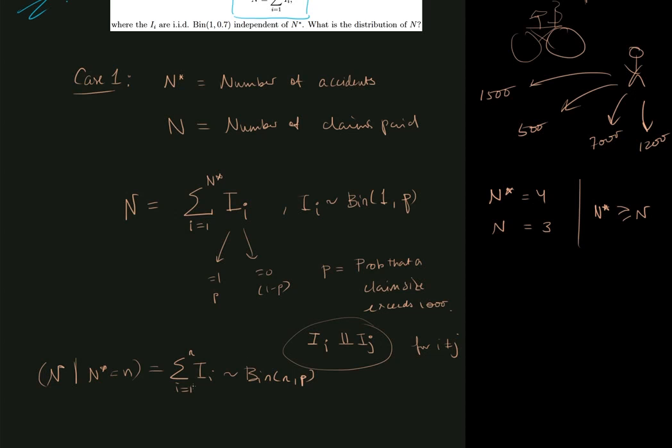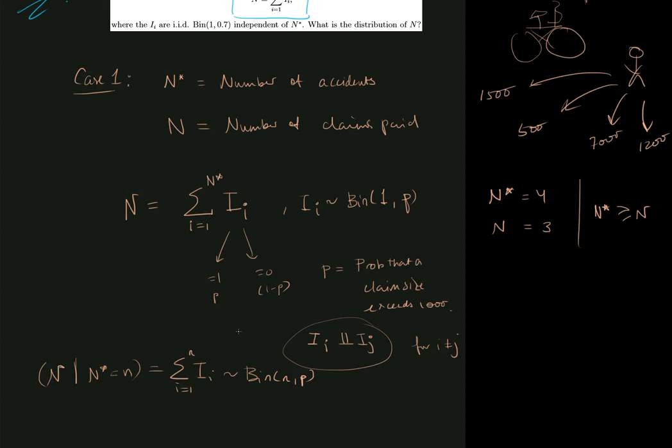And what this means is, given that we know there is a certain number of accidents, then the number of those accidents that are actually paid is given by asking, is the first accident paid? Is the second accident paid? So it is binomially distributed.